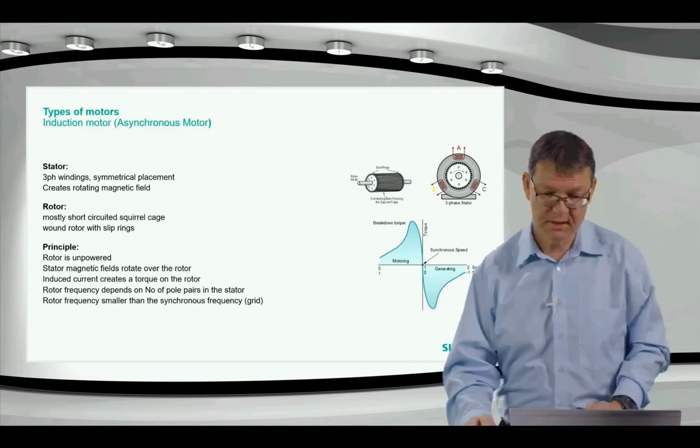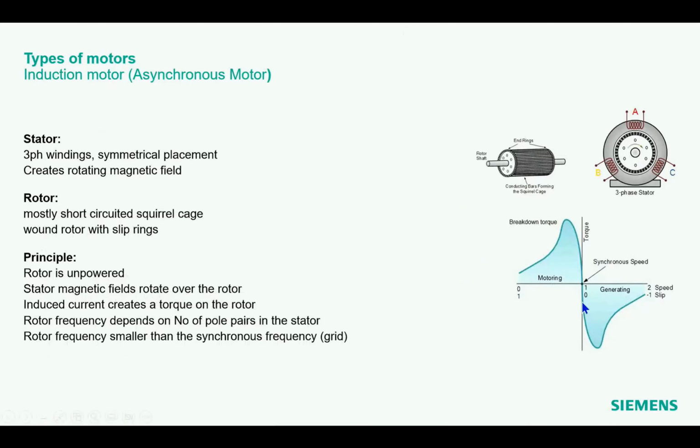So here we see a characteristic of the torque. The y-axis is the torque, and the x-axis is the speed, the rotation speed of the rotor. Typically, when the motor is at standstill, here at 0, I get a certain torque, and with the increasing rotation speed of the rotor, the torque goes up to a maximum value here.